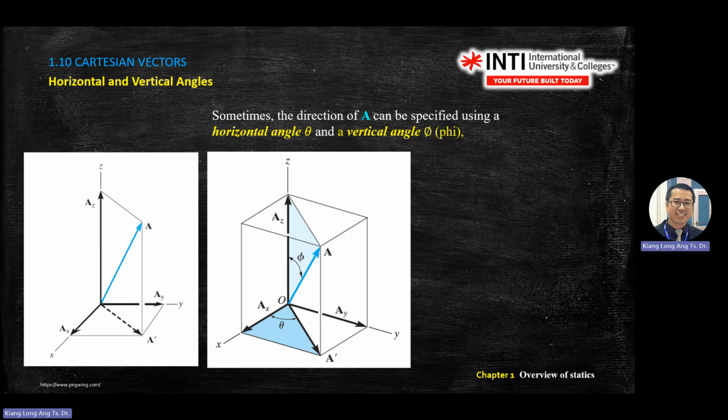You should understand how to get A prime, right? You split the blue arrow into AZ and A prime. So this is a horizontal angle and vertical angle. Don't confuse the horizontal angle and vertical angle with alpha, beta, gamma. This is on the flat plane, like a piece of paper here.